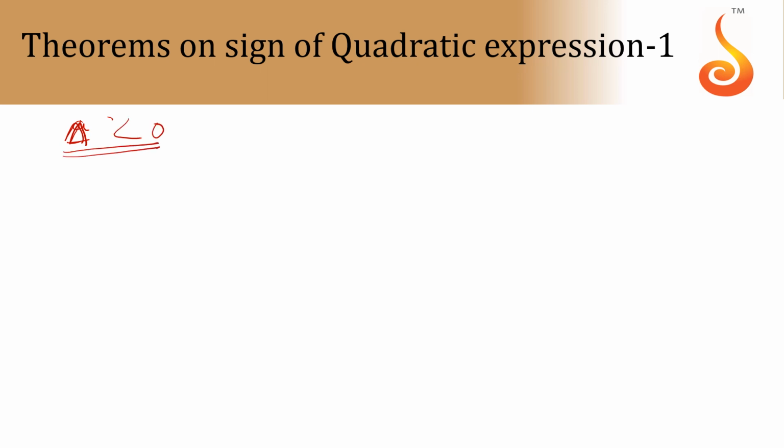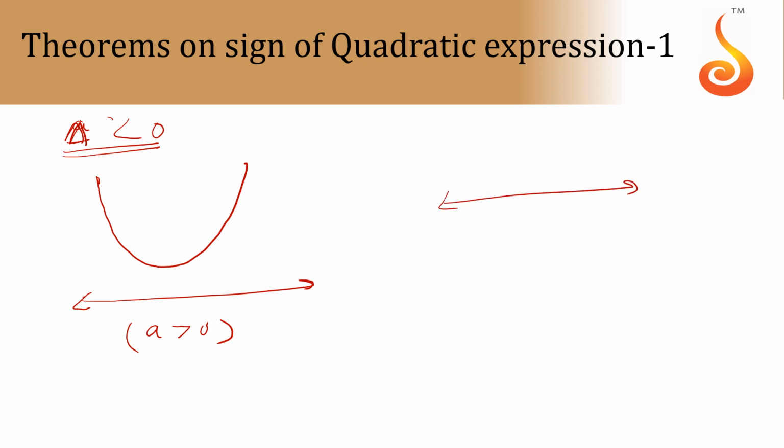When it is less than 0, you know that the graph will be upward if a is greater than 0 and it never meets the x-axis. So this is the diagram for a greater than 0. It will be downward if a is less than 0.